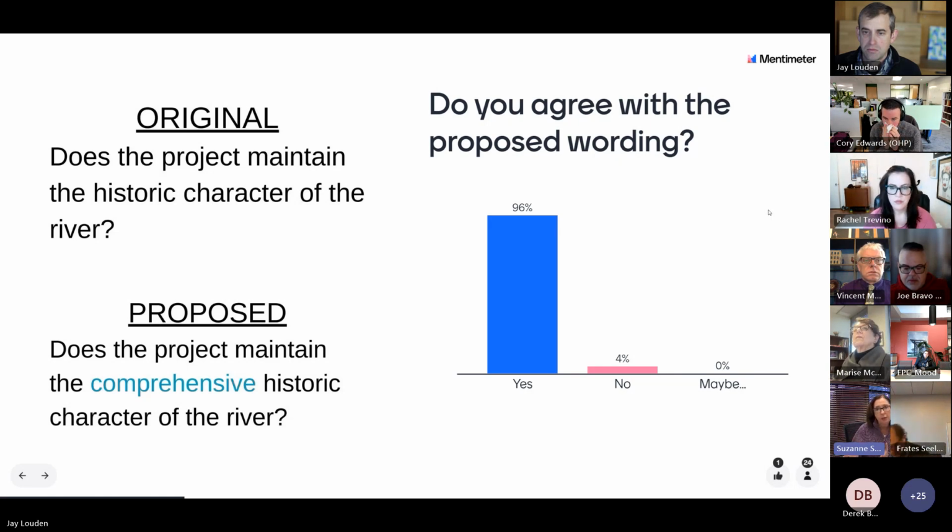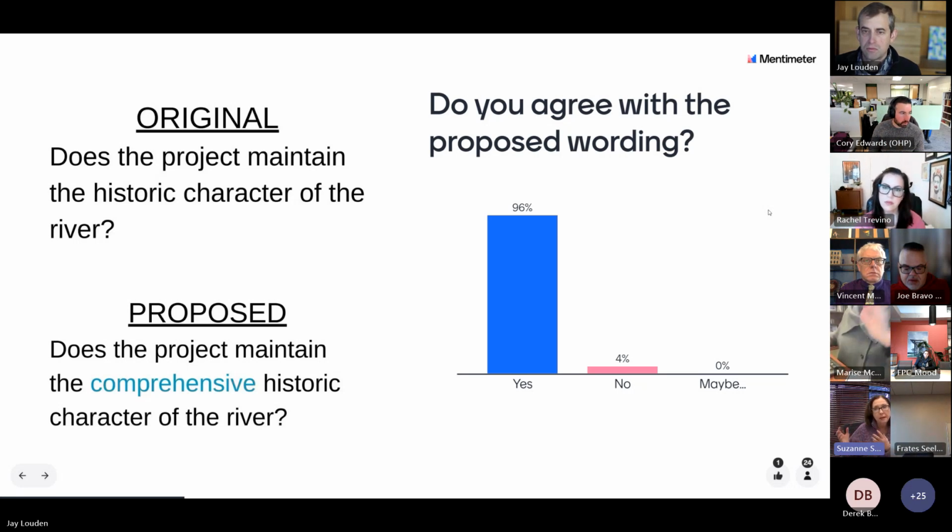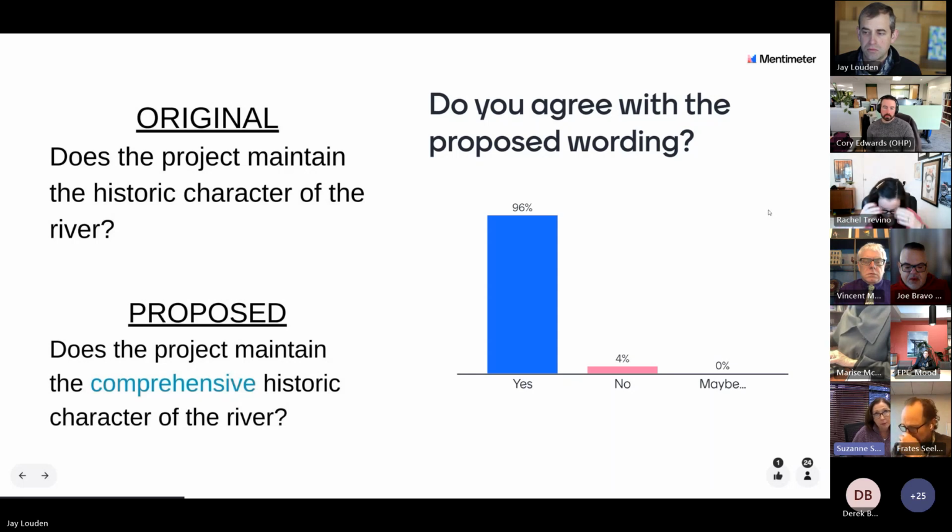You may need to put in some structures along the river that may not be its historic character, but it's protecting the river or the adjacent banks, etc.